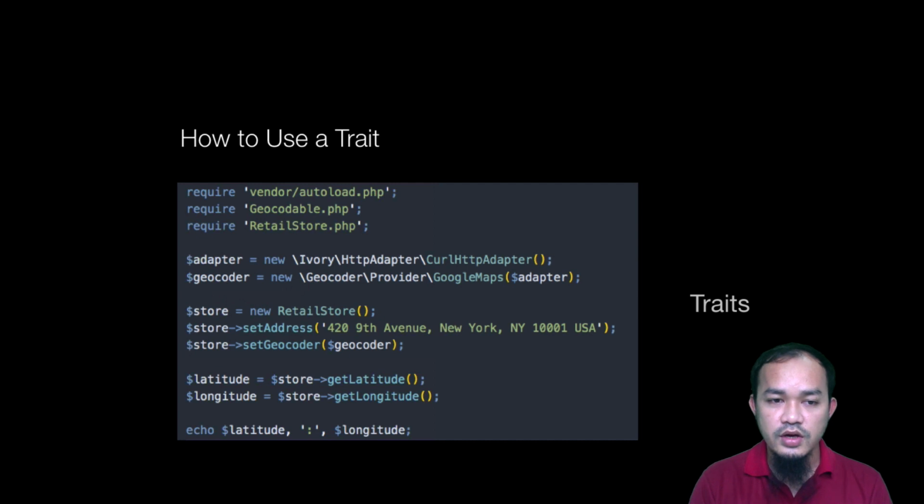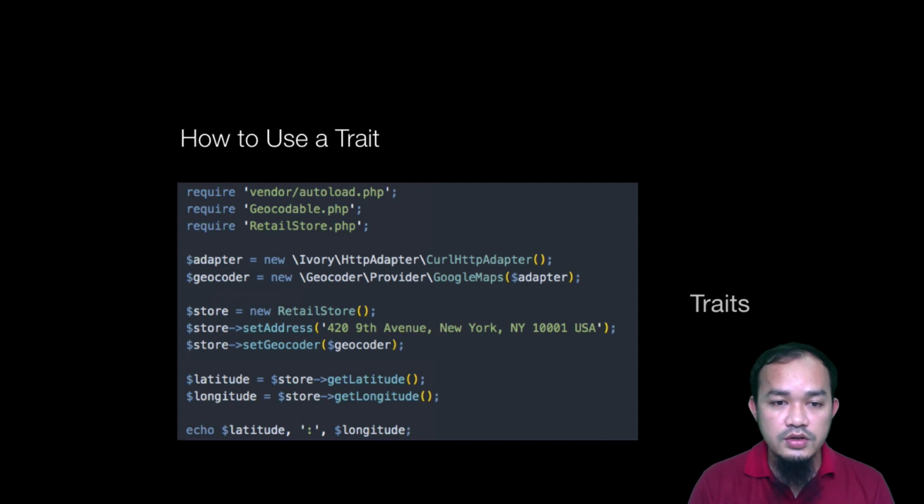Here we have store equal to new retail store, and then we set the address, we set the geocodable that we retrieve from the component that works for geocodable. Then we get latitude and get longitude, and then we display the latitude and longitude. This is the trait.